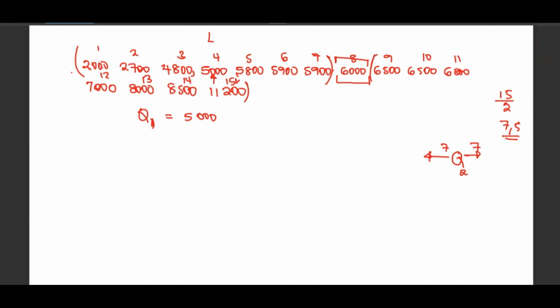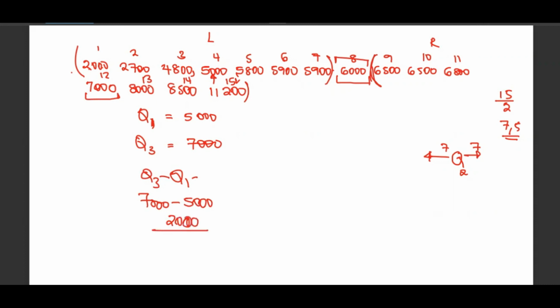On the right-hand side, we shall also remain with one number in between, which is 7,000. So our upper quartile is 7,000. And they said subtract Q1 from Q3. So Q3 minus Q1 is 7,000 minus 5,000. The answer becomes 2,000.